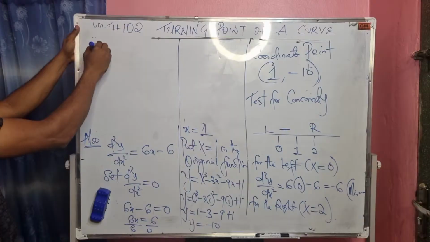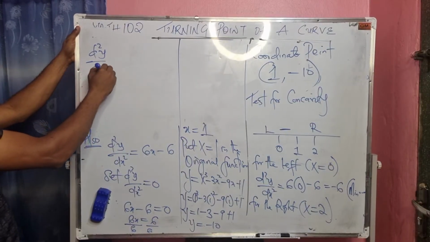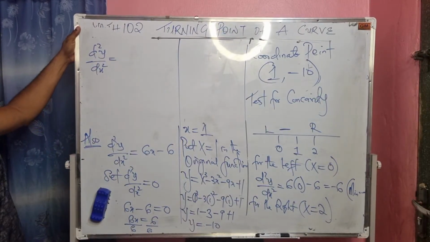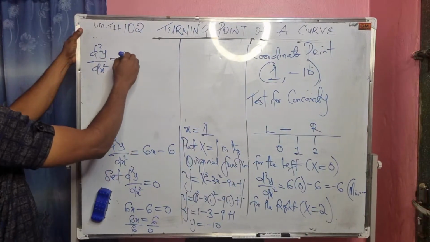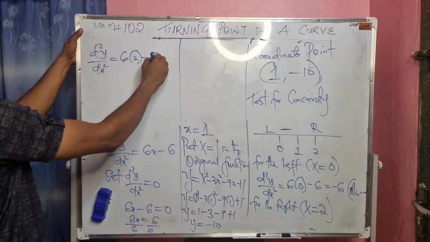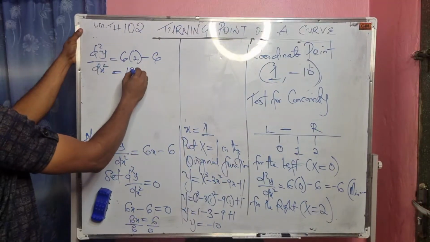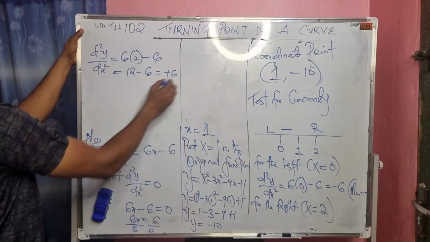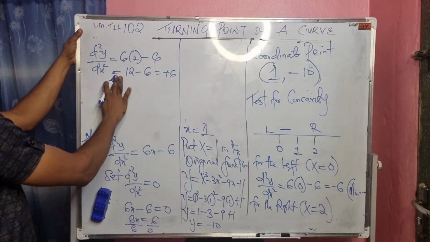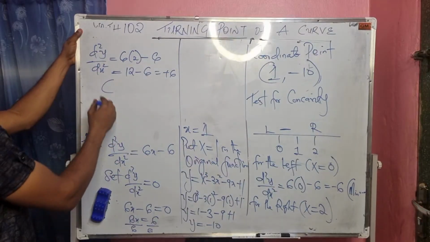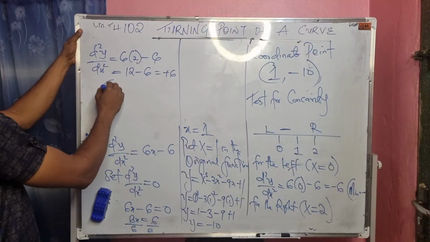So that means our d2y over dx squared will give us 6 times 2 minus 6. Here will give us 12 minus 6. The answer is plus 6. Plus 6 is greater than 0.